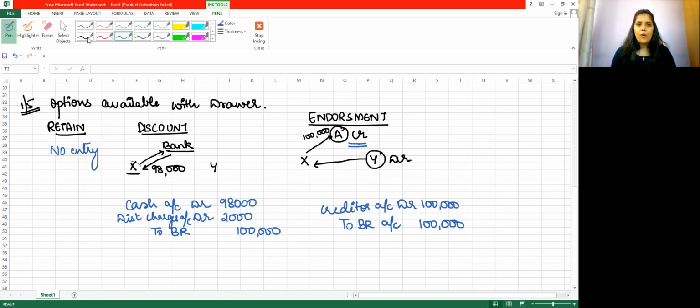And the last option is bill sent for collection. Now, what does this mean? The drawer, Mr. X, has decided to retain the bill, but he is very scared.